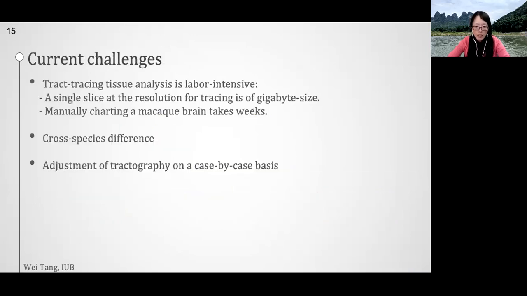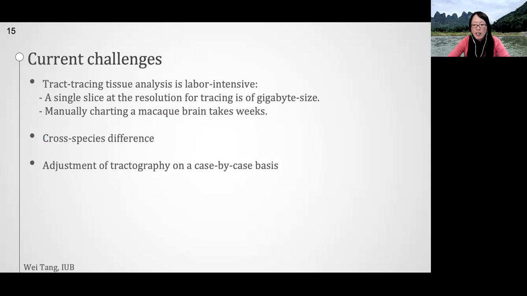On the other hand, big data brings big challenges. Analyzing tract tracing tissues is a very labor-intensive job. It requires examination under the microscope at a high resolution, which can take weeks to finish. One of the challenges that attracts computer scientists is to automate this process by applying machine learning algorithms to the microscopic images.